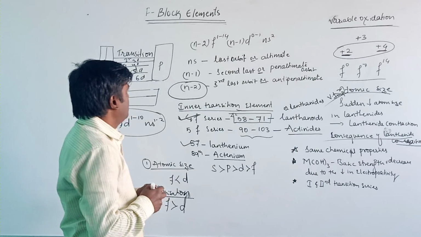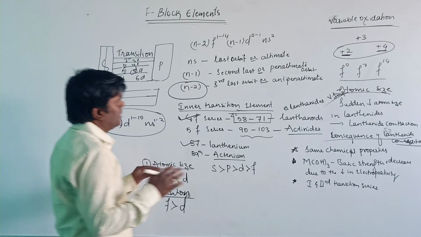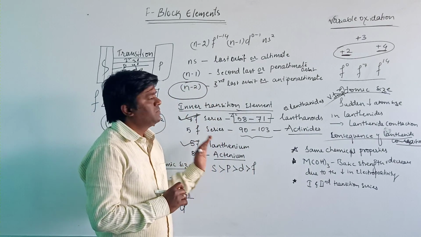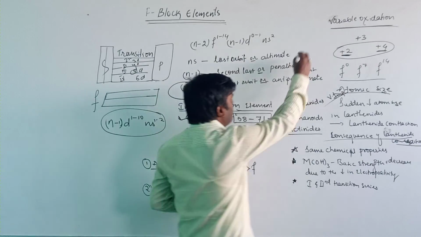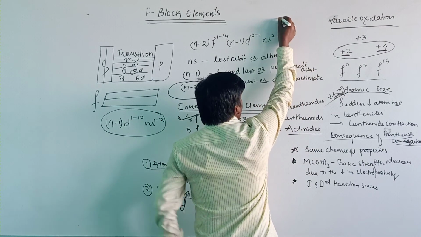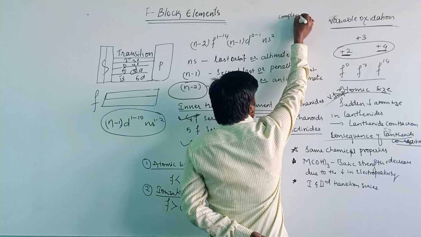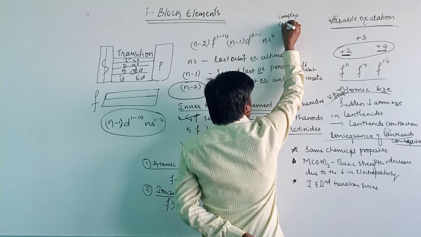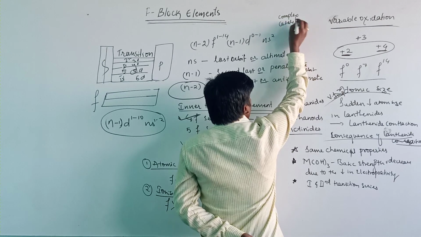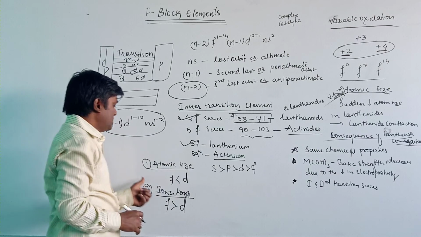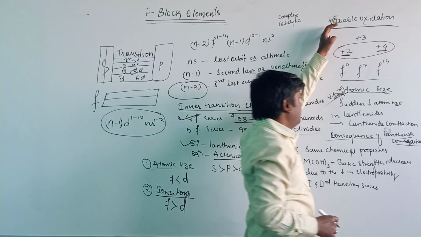Once again, we have seen the properties of d block elements, that is complex formation, catalytic activity, and mainly atomic size, ionization enthalpy, variable oxidation state.